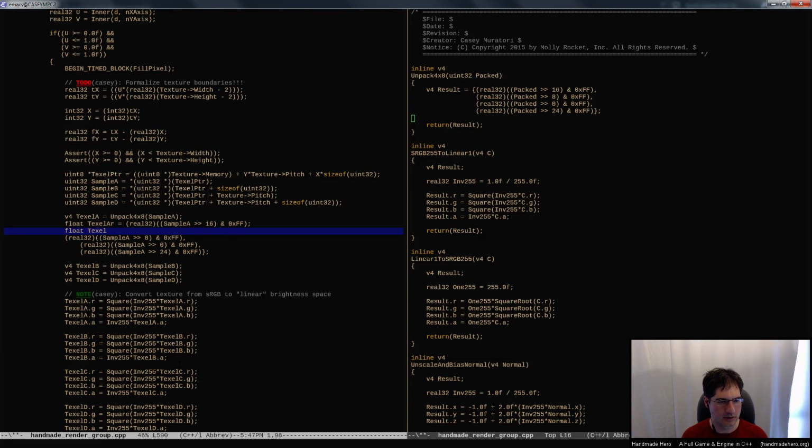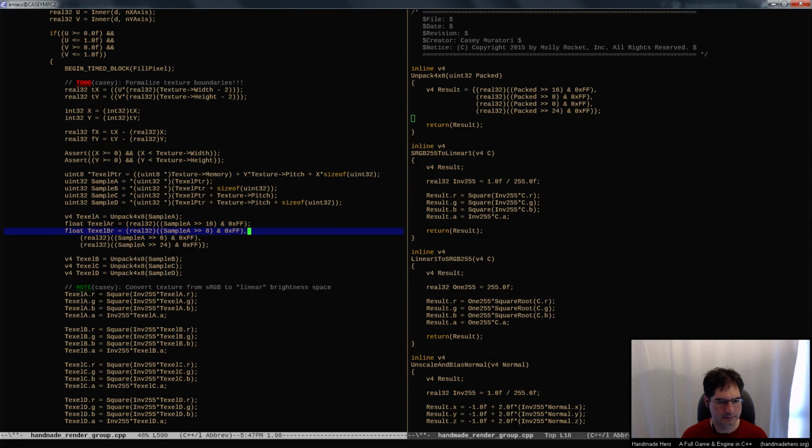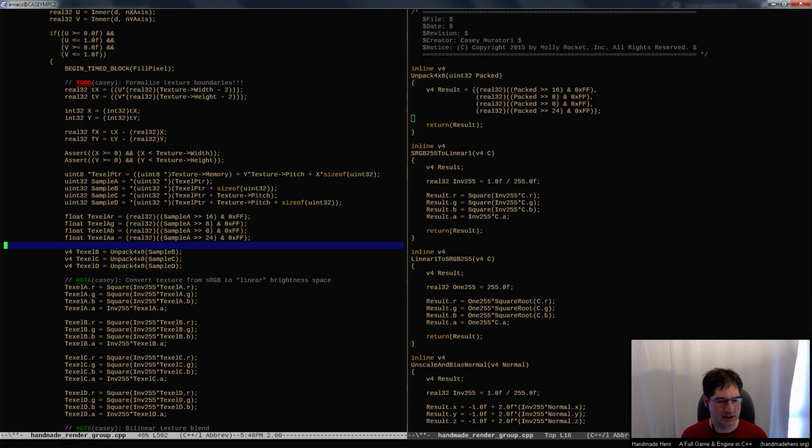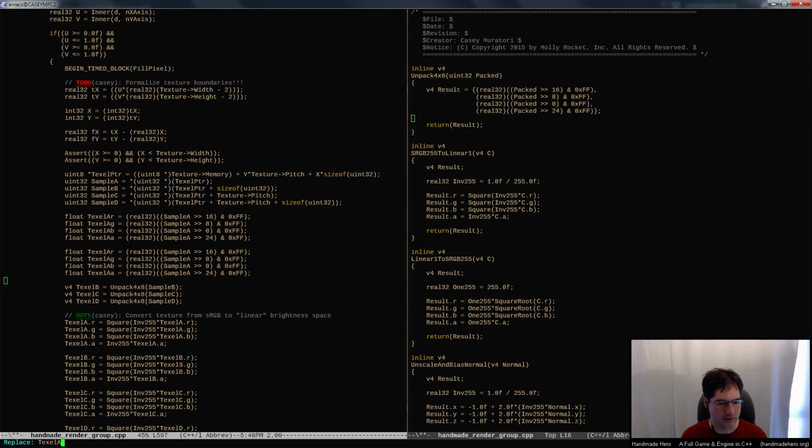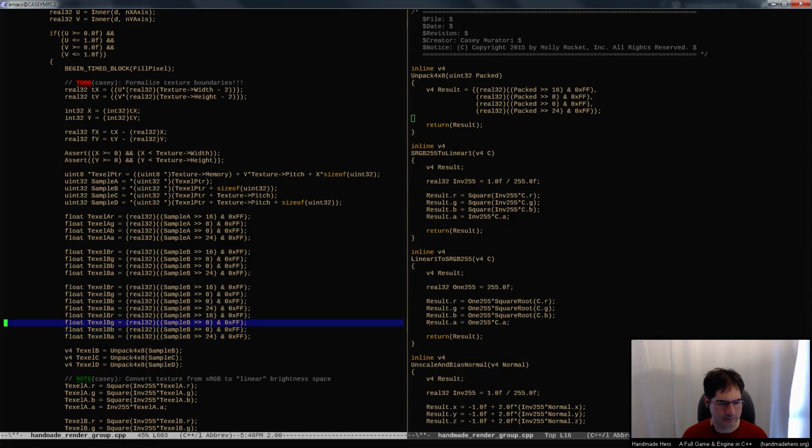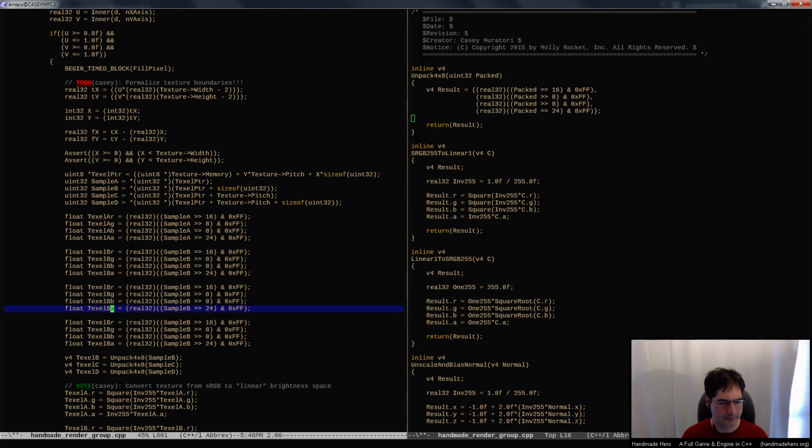And texel BR, texel CR, and texel, oh wait, that's not what I wanted. AG, AB, AA. Okay, so that unpacks sample A, and we need to do that for each of our things. Like I said, unfortunately, got to do a bunch of unpacks here. Okay, C and B.